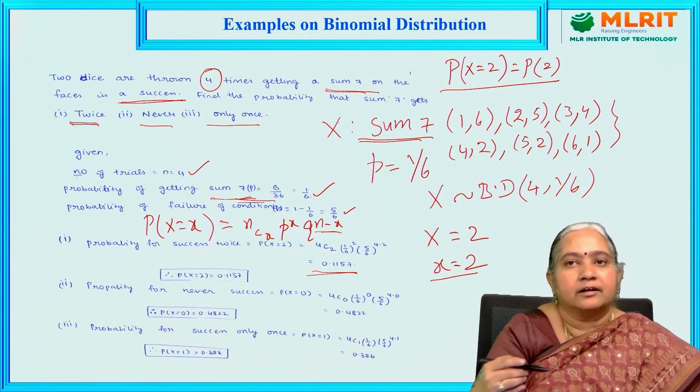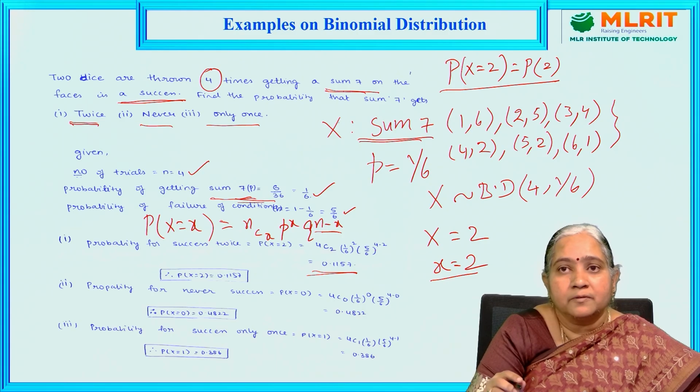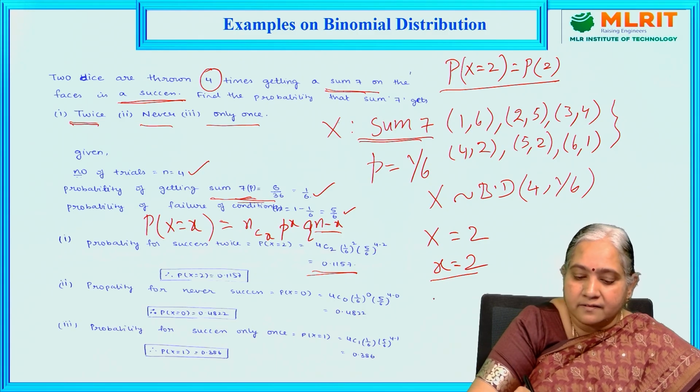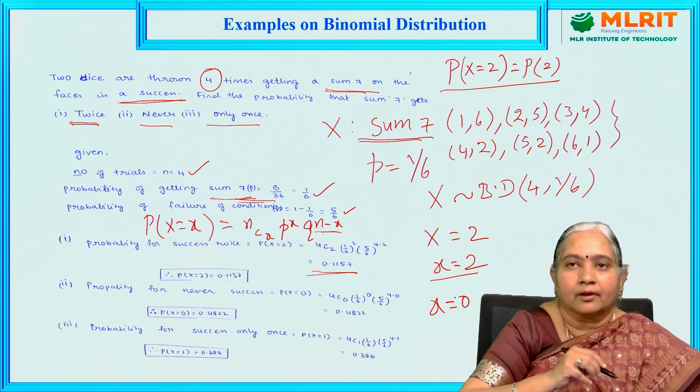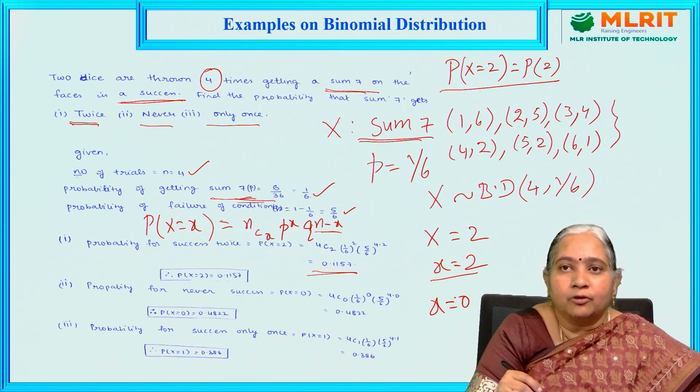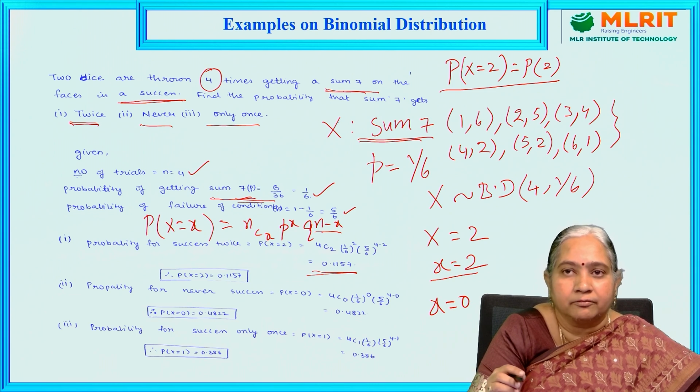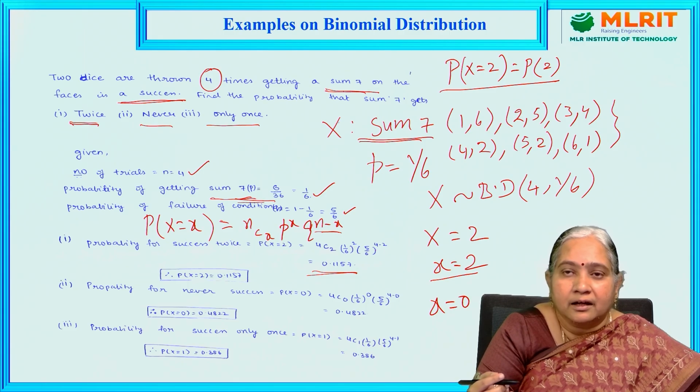Similarly, never. Never means out of 4 times there is no success. That means X takes the value 0. All 4 times, other than sum 7, the remaining sums will come. That is sums 2, 3, 4, 5, 6, 8, 9, 10, 11, 12.